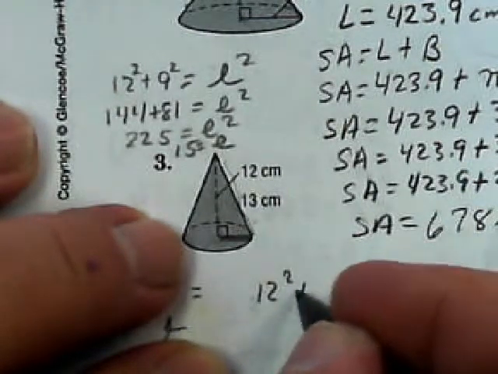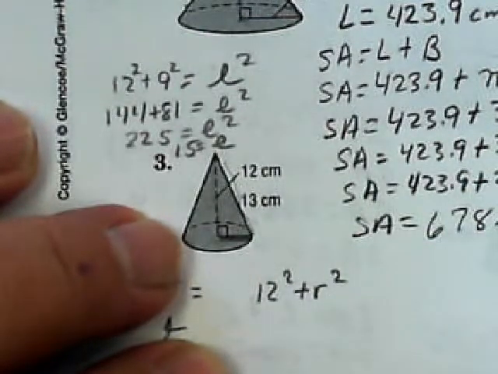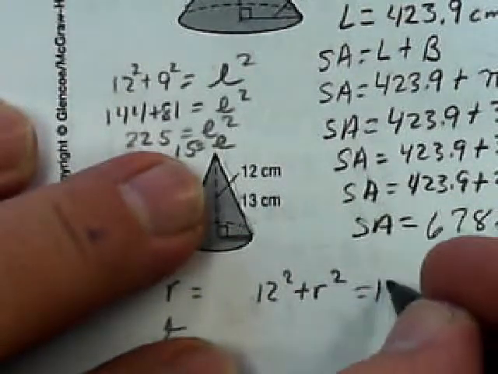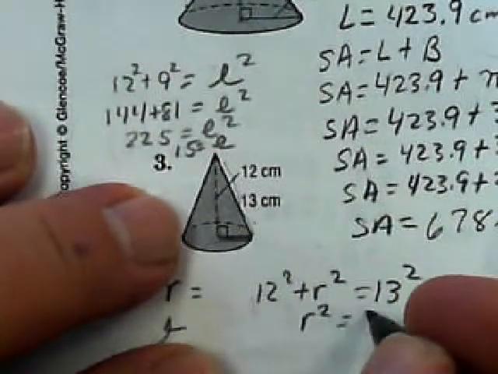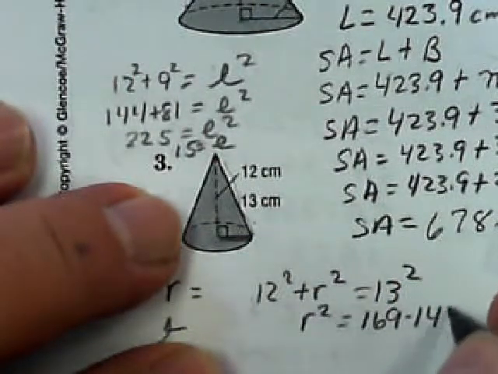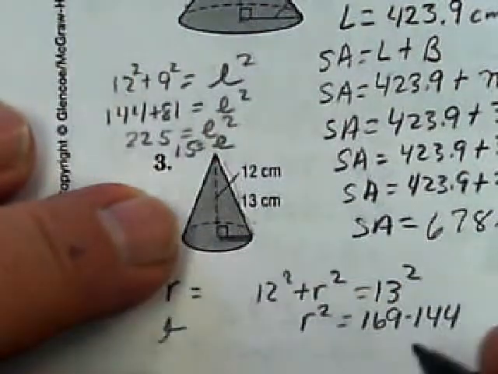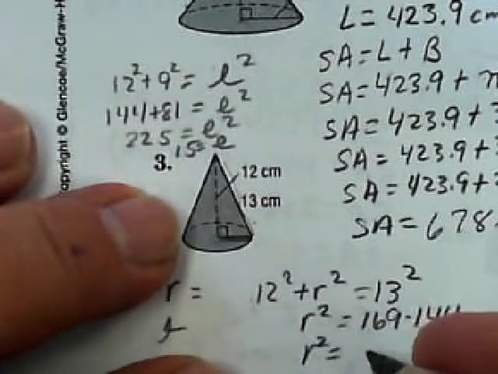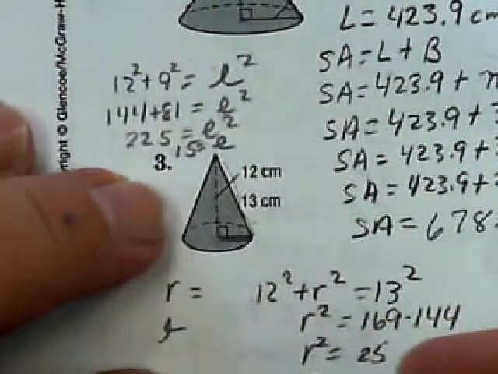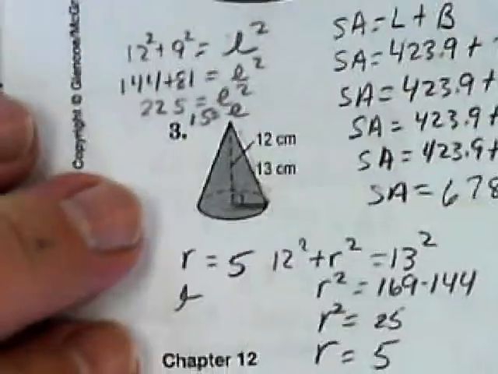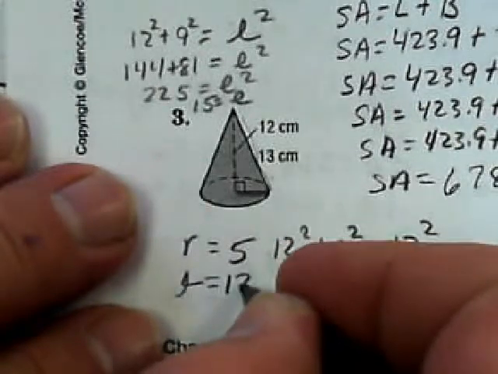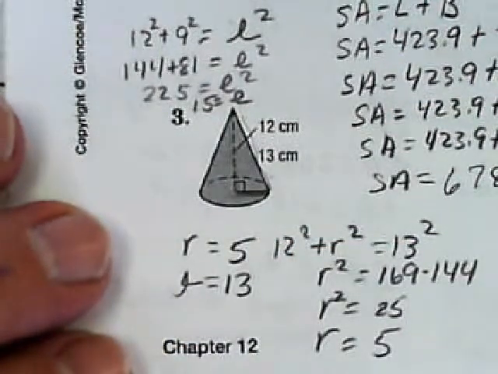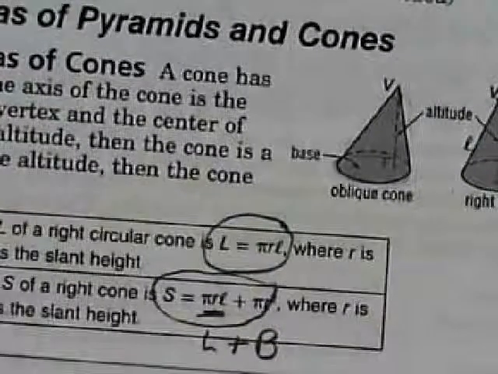So r squared would be 169 minus 144, which is 25. Square root of 25 is 5. So the radius is 5, and the L we found to be 13. So I have enough numbers to use these 2 formulas to find the total area.